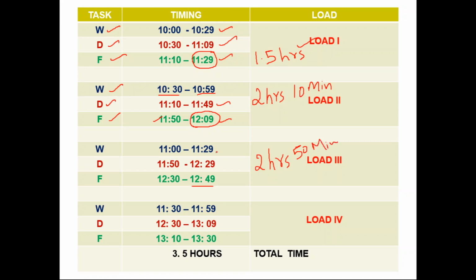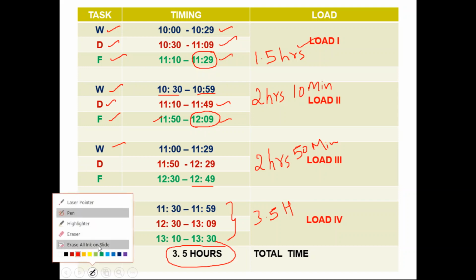You can figure out this is the same as we have discussed. Similarly, in the next 40 minutes the fourth load will be completed. If you add 40 minutes to this, it is 3 hours 50 minutes. So now the total time required is only 3.5 hours, because here we are doing pipelining. So this is how the basic concept of pipelining works, right?